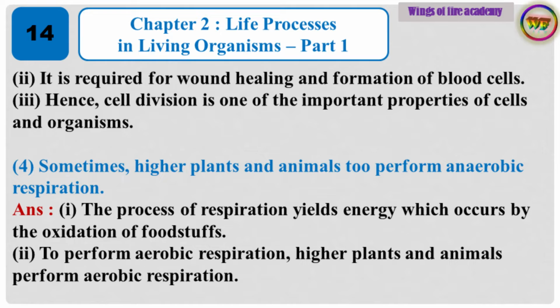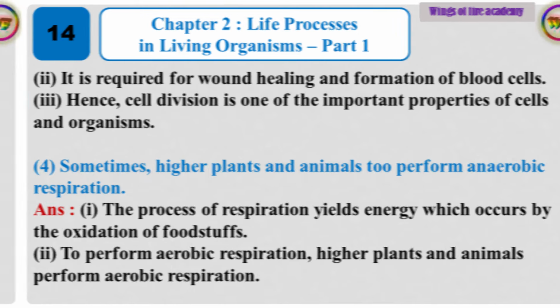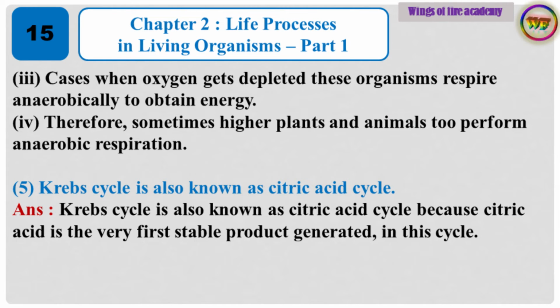Higher plants and animals normally perform aerobic respiration. 3. In cases when oxygen gets depleted, these organisms respire anaerobically to obtain energy. 4. Therefore, sometimes higher plants and animals too perform anaerobic respiration.